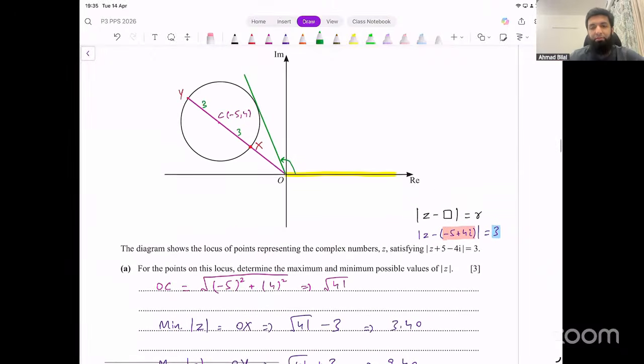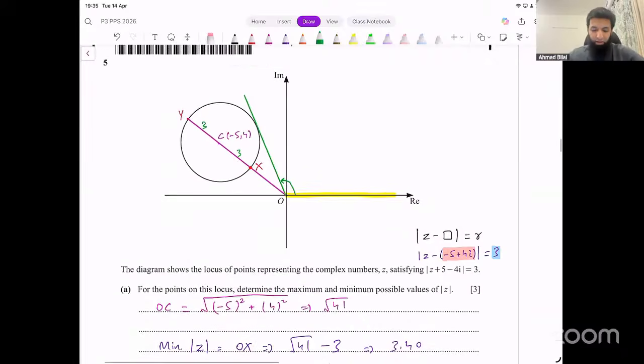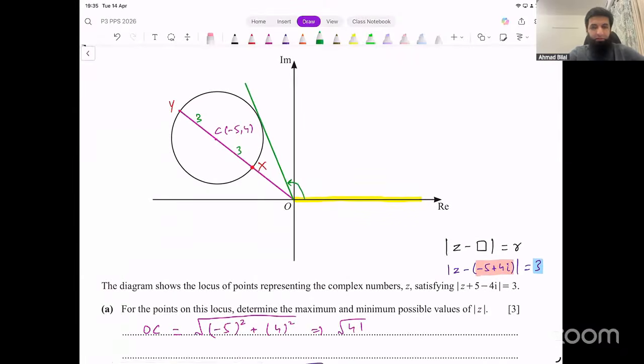Now, how do you find this angle? Whenever we have a tangent to a circle, remember, we have this property, tangent and radius, they are perpendicular to each other. So we can make a triangle like this, join that point with the center of the circle. You get a right angle triangle like this.